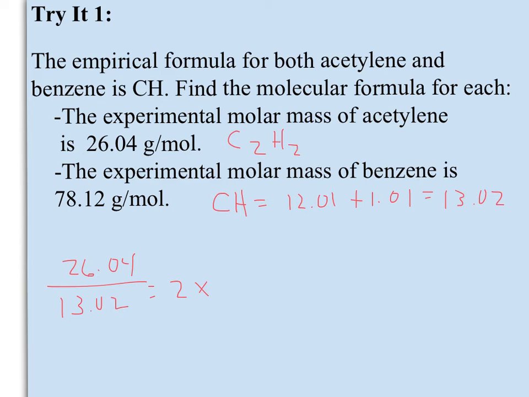Whereas benzene is 78.12. So if I take that and divide by the 13.02, that tells me it weighs 3 times as much as the empirical formula. So benzene must have a molecular formula of C3H3.